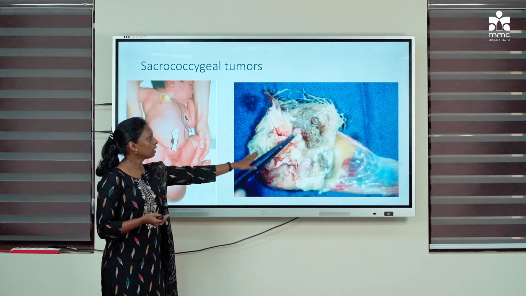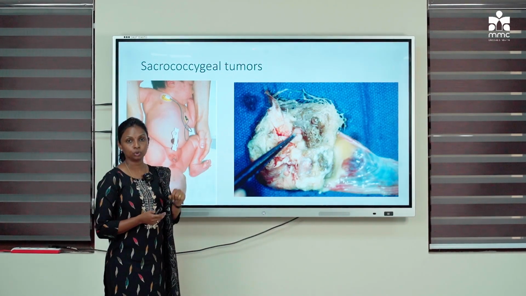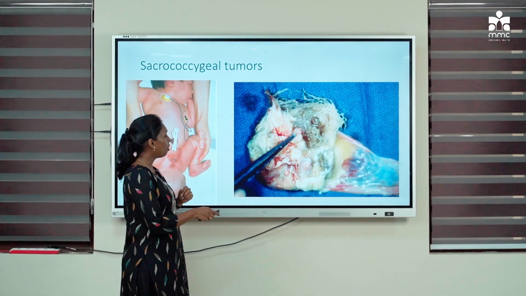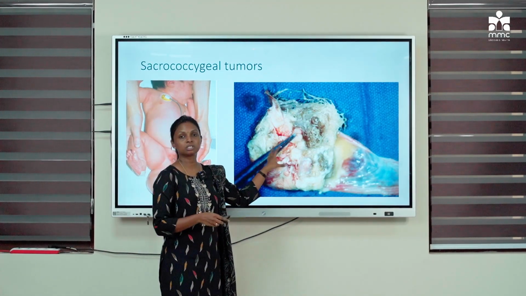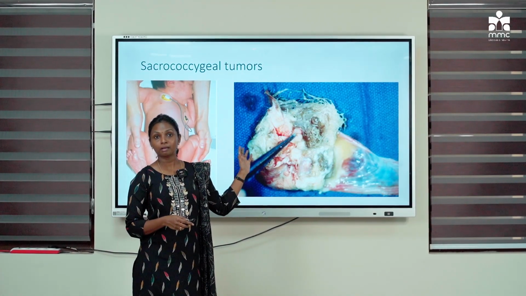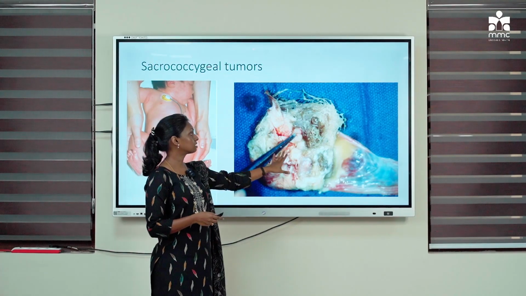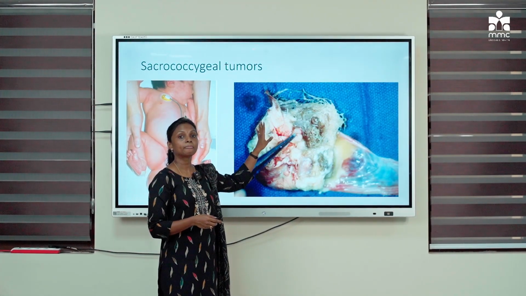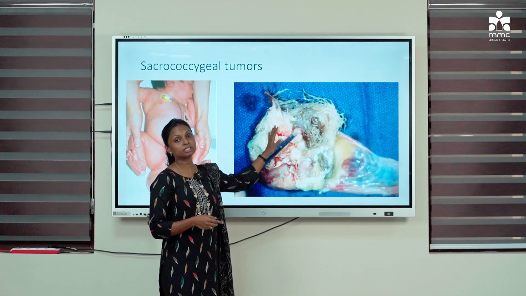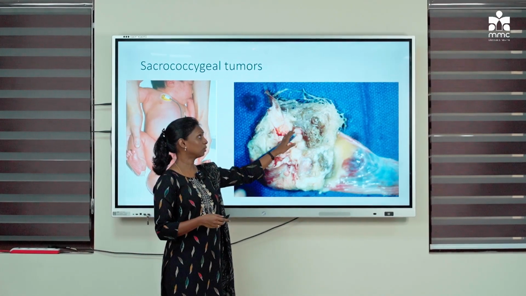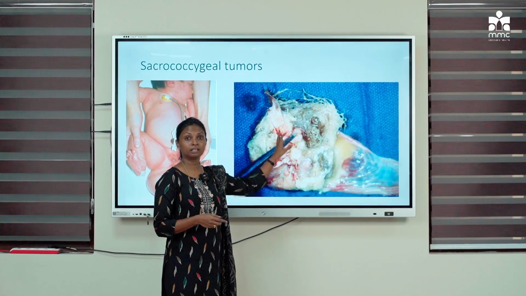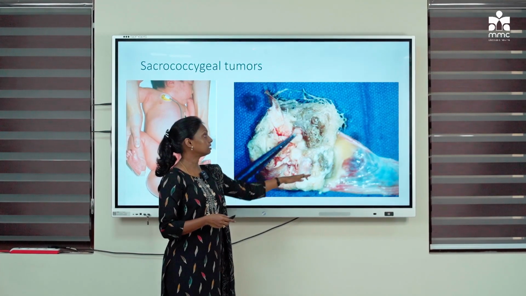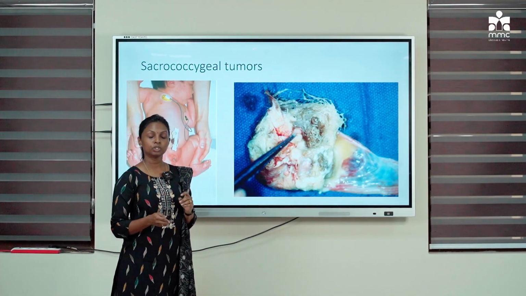Okay. So, when we cut open the tumor, you can find all different kinds of tissues in the tumor. Why? Because this tumor is contributed by all the three layers of the germ disc. Okay, so you can find enamel, teeth, hair, everything can be seen in these sacrococcygeal tumors.